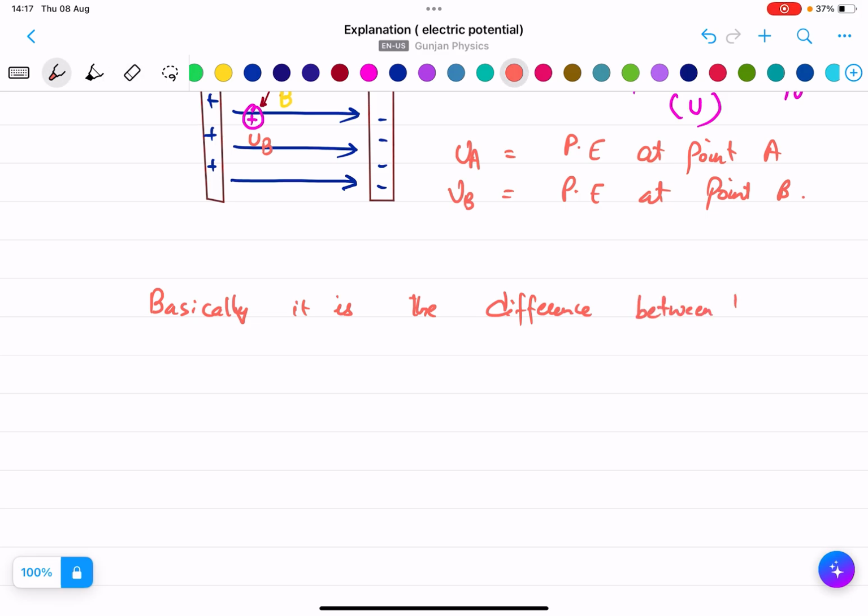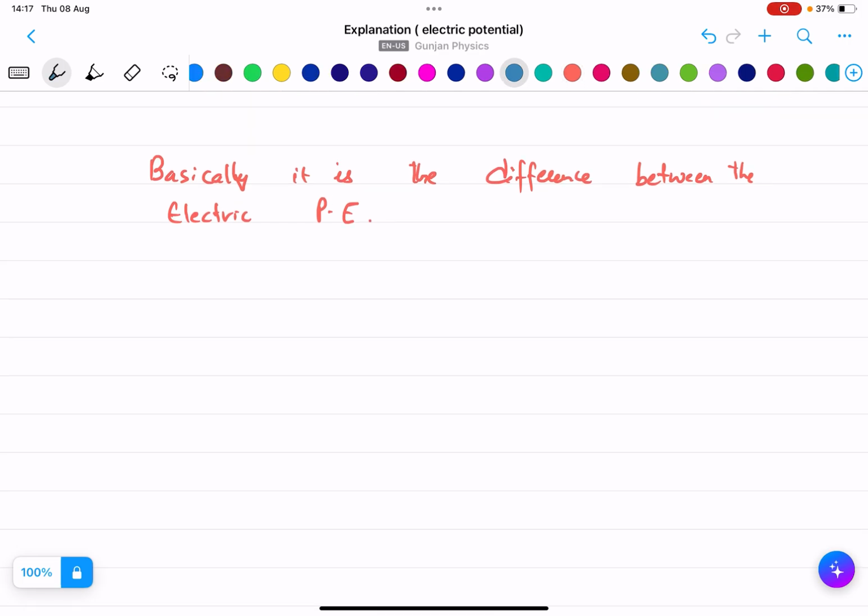So now what is the potential difference?